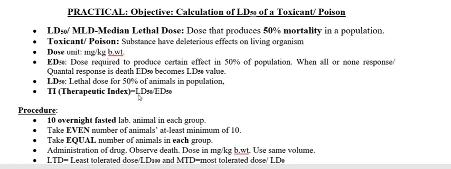If a drug has a higher therapeutic index, it is safer to use in a patient; it has a greater margin of safety. Drugs with a lower therapeutic index are less safe in nature, so we use them very cautiously, because the dose difference between lethality and the therapeutic effect is very meager.